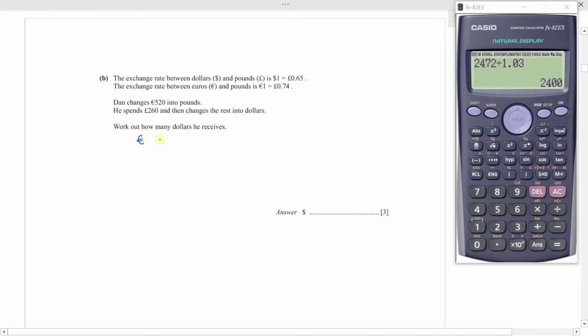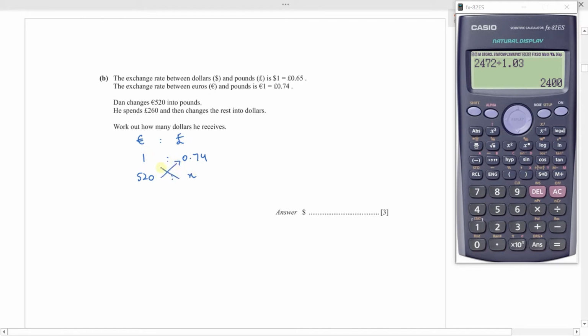So you have euros ratio pounds. So the exchange rate between euros and pounds is 1 euro is 0.74 pound, and Dan changes 520 euros to pounds, so let's call it X. So since these are directly proportional, the more euros you have, the more pounds you will get after the conversion.